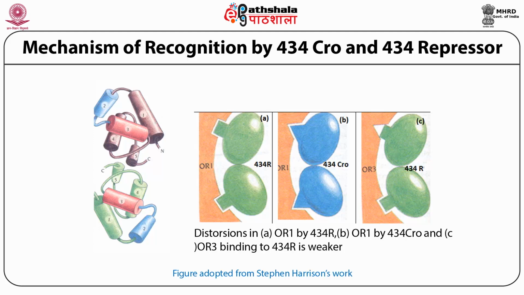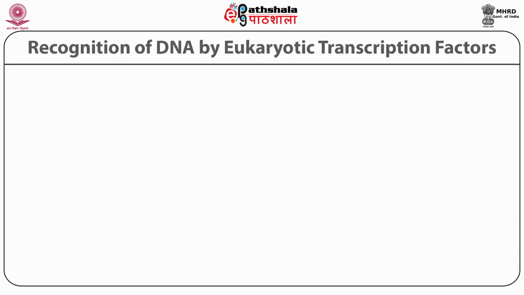B is the binding of 434 Cro. It creates distortions which are similar in both halves but different from the case of repressor. In figure C is OR3 binding to 434R. Now the distortions have different shapes and hence the binding of 434R is weaker.